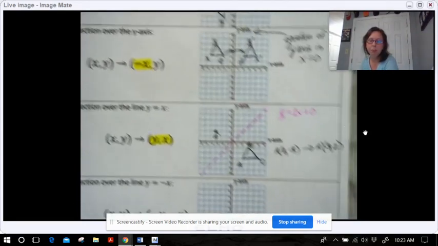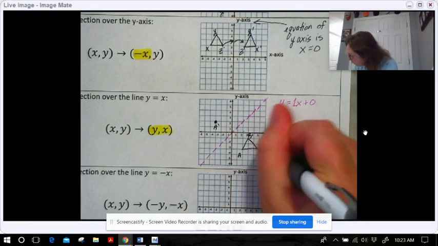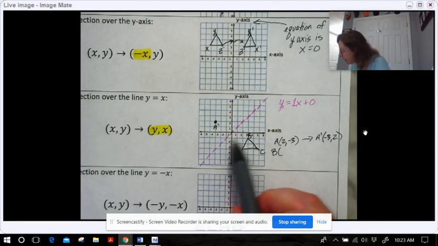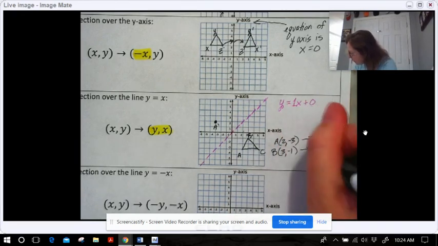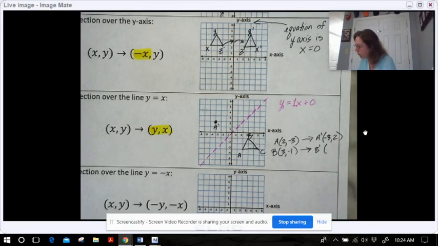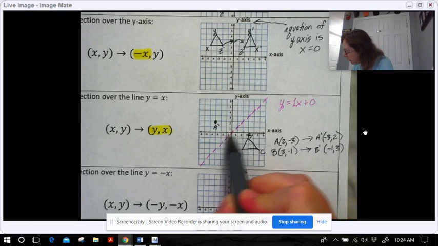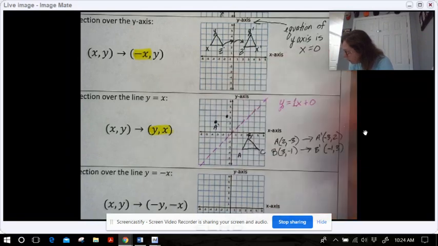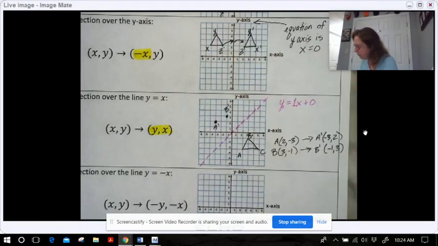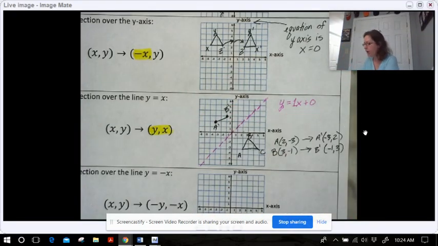Let's do the same thing for B prime and C prime to make sure that we get them in the right places. So B is located at 3, negative 1, and that's going to map to B prime. So I'm going to switch them around, negative 1, comma 3. Negative 1, and then up 1, 2, 3. And that is B prime. And I can connect those now if I want to, or I can just wait until the entire figure is there and ready to go.